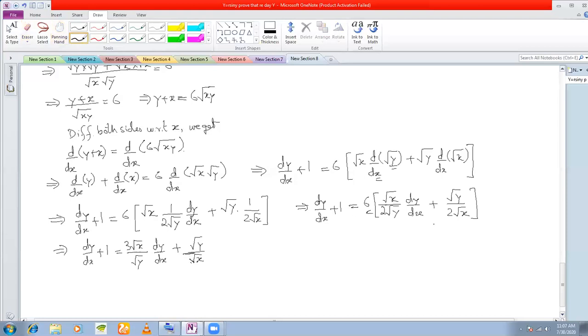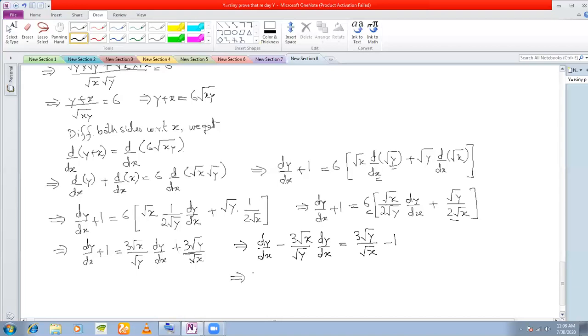This 6 will cancel with this 2, right? To give you 3 root y. Now I take the dy/dx together. dy/dx minus 3 root x by root y dy/dx is equal to 3 root y by root x minus 1.